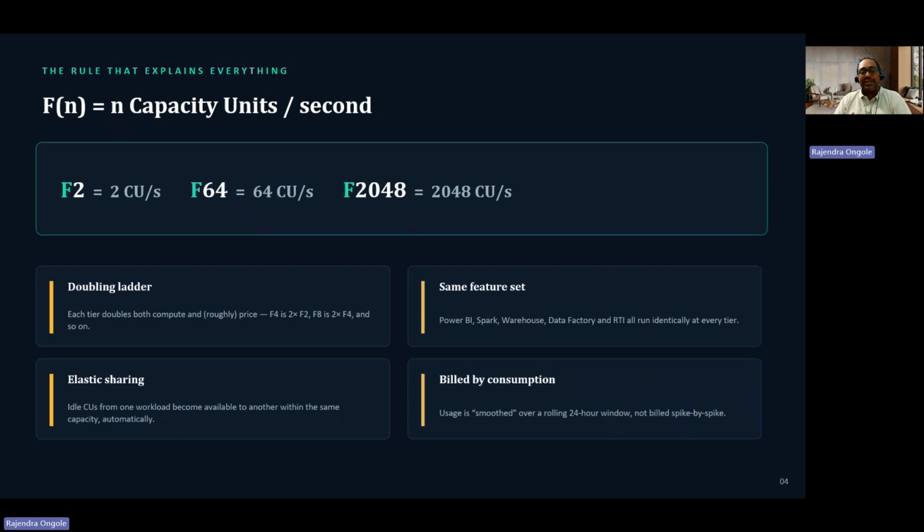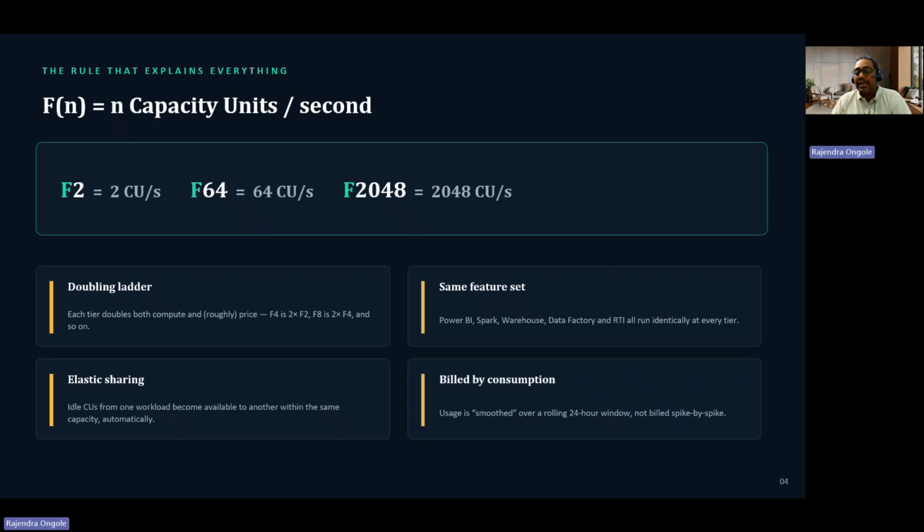In the next slide, we are going to discuss other licensing and capacity models beyond F2, F4, and F8. We will see those options too. All the features, like Power BI, Spark, Warehouse, are visible to you from F2 itself, if you go with an F2 license.